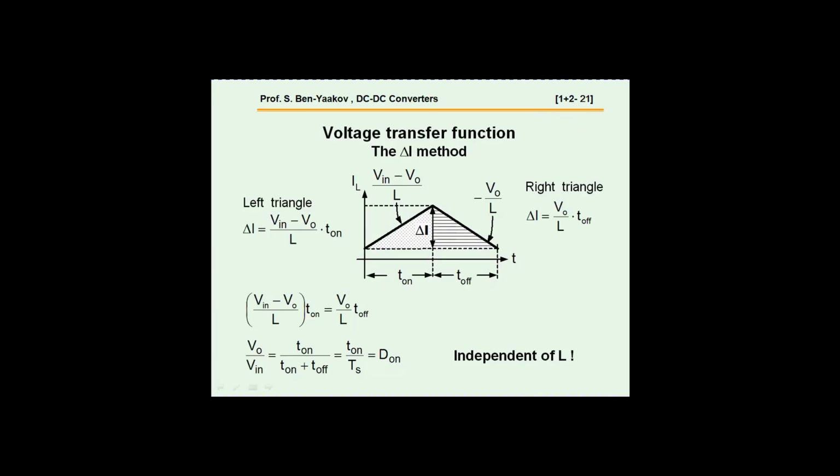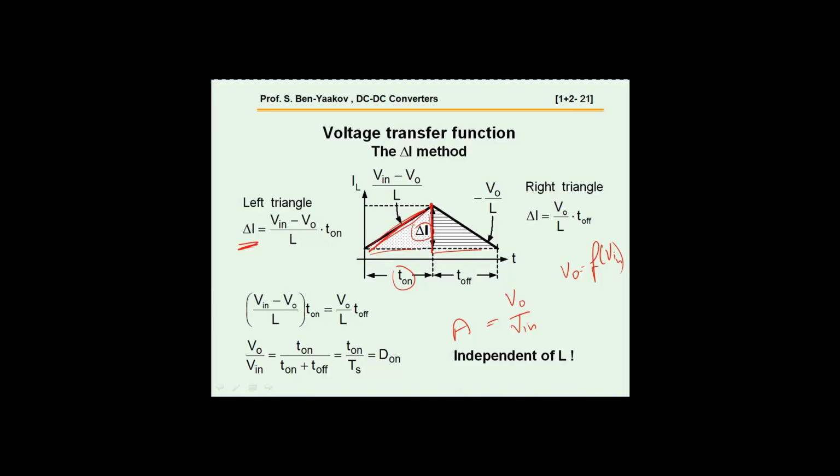So what would be the output voltage as a function of the input voltage? What is the transfer function of this converter? Now, there are two ways to look at it, and I'll start off with a more classical way. The classical way looks at this triangle and at this triangle and calculates the height by knowing T on, knowing the slope, and coming up with the value of delta I here.